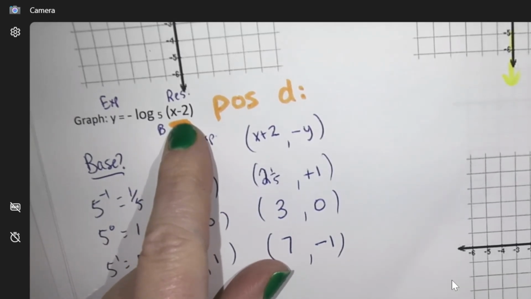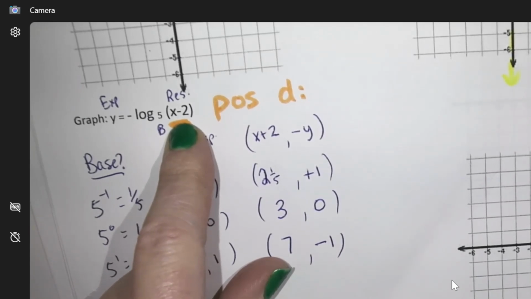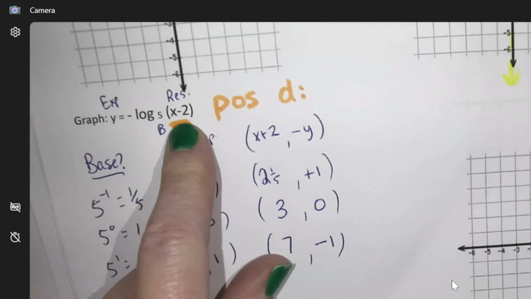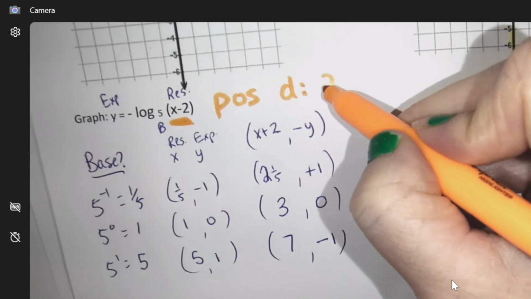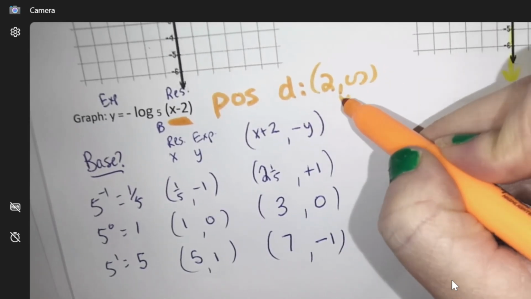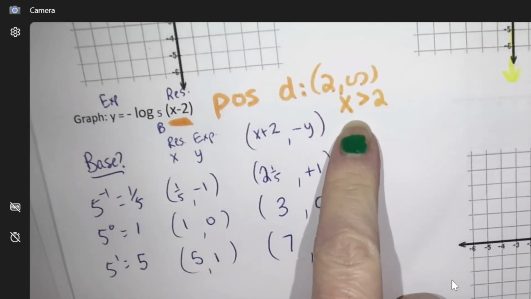What kind of x value do you need to be? Maybe decimals. Yeah, as long as it's a positive decimal. What's my domain if I want to be positive? Oh, I have to be over 2, right? Bigger than 2. So you can go like this, 2 to infinity or over 2.